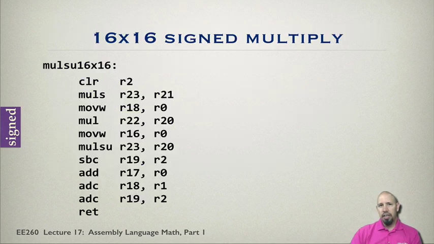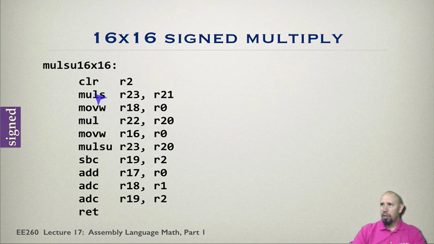So here is a routine that does a 16-bit by 16-bit multiply, and you can see it's actually fairly straightforward compared to some other multiplications.